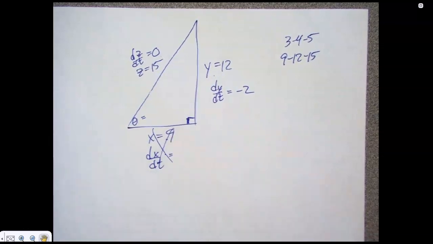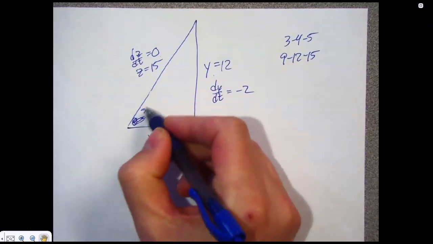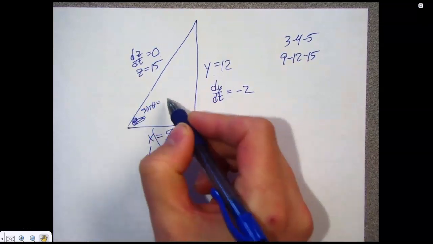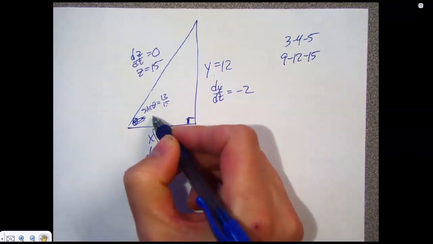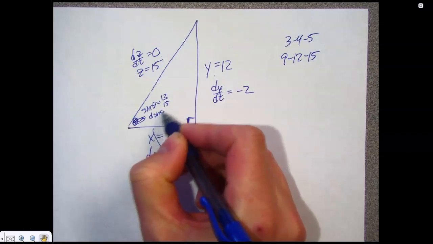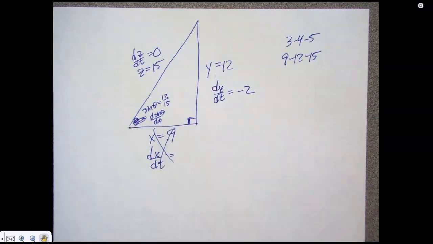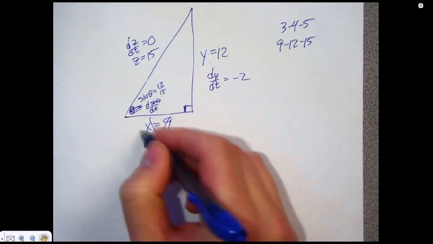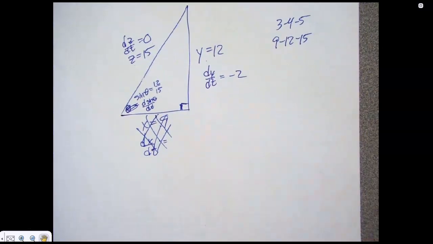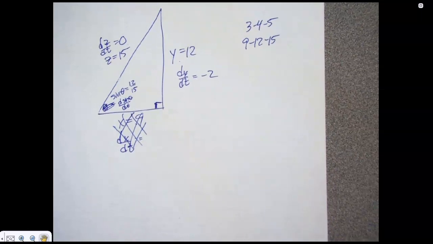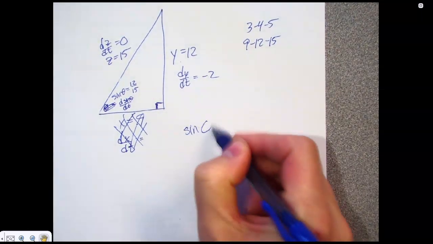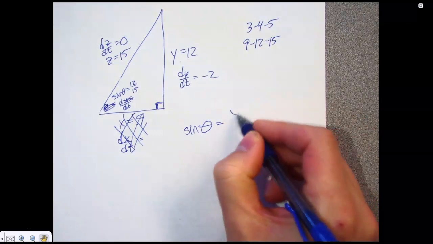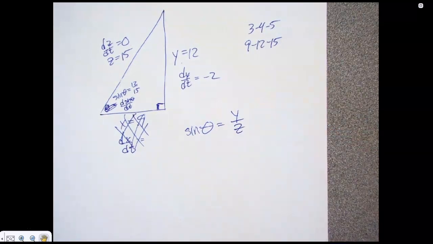So right now, sine of theta equals 12 over 15, and I'm looking for d sine theta over dt. I'm not entirely sure I'm doing this right, but we're going to see. So sine of theta equals y over z. Agree with that?